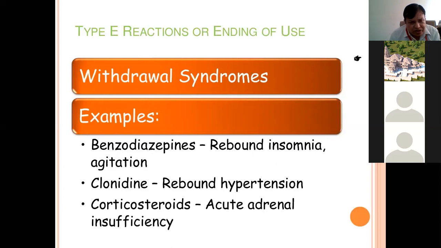Whenever you withdraw this drug, it cause the hypertension or again a reoccurrence of hypertension. Similarly, corticosteroids, acute adrenal insufficiency. Adrenal gland secretion decreases by the removal of corticosteroids medication. That is type E adverse drug reaction.